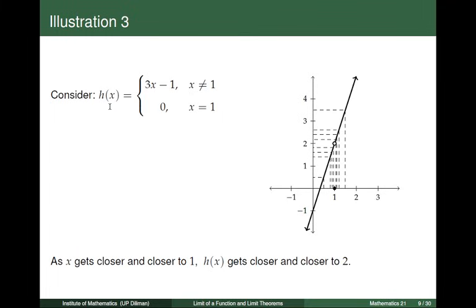Now, we can also construct a table of values for h by using the same x values that we used for f. And so, graphing those points, we see that as x gets closer and closer to 1, h of x also gets closer and closer to 2.